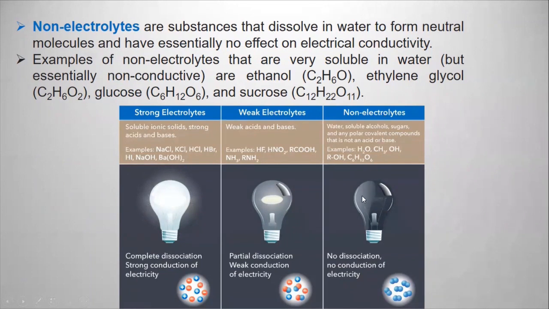Look at the non-electrolyte, there is no light intensity at all. There is no electricity going through the solution. And here are the examples, again, water, alcohol, sugar, all of these are non-electrolytes. Weak electrolytes are weak acids and weak bases.